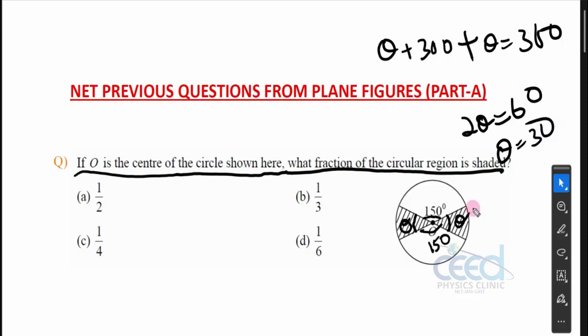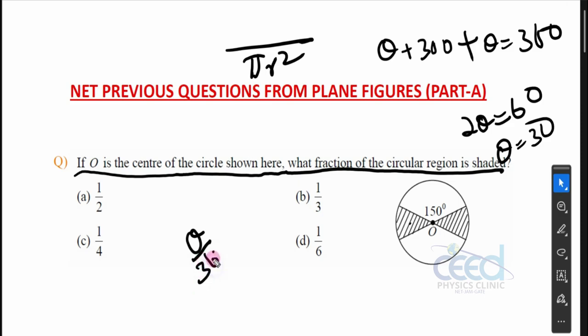Now what is the shaded region? Total circle area is pi r square. Out of that, the shaded region is theta by 360 into pi r square. So here 30, here 30, then total shaded angle is 30 plus 30, 60.